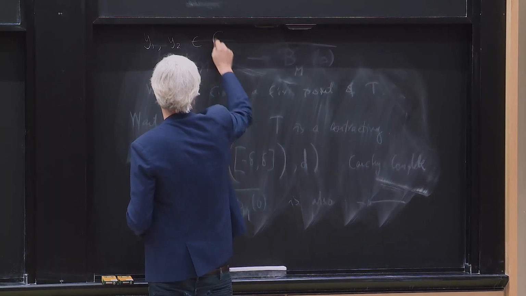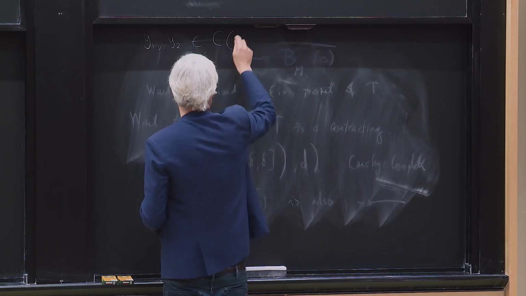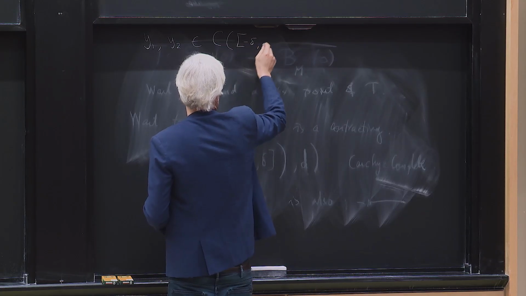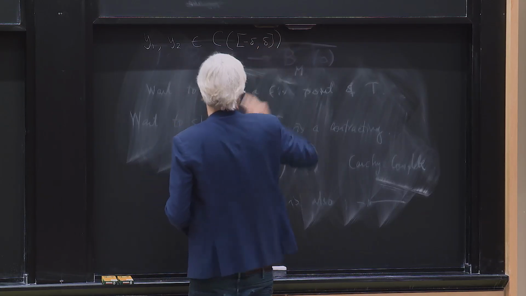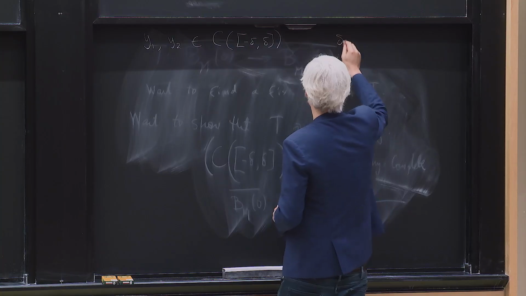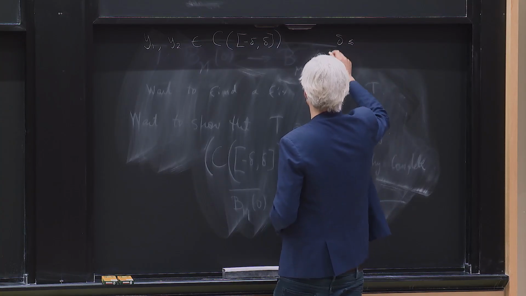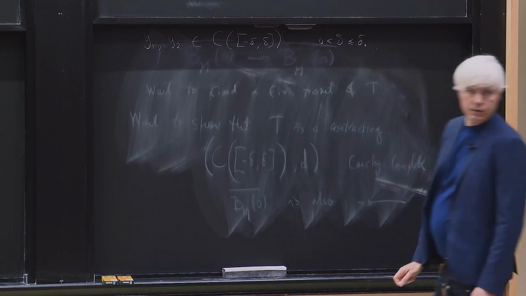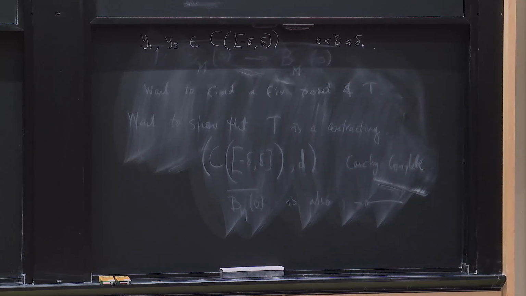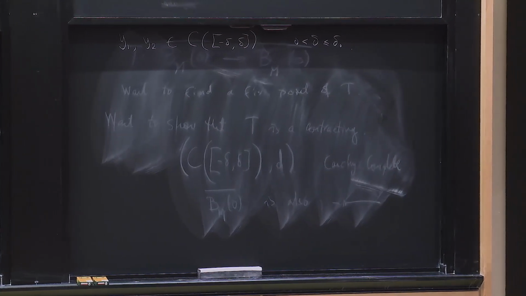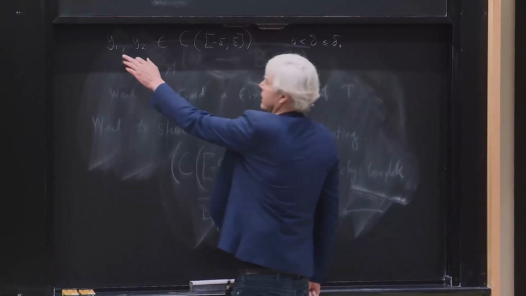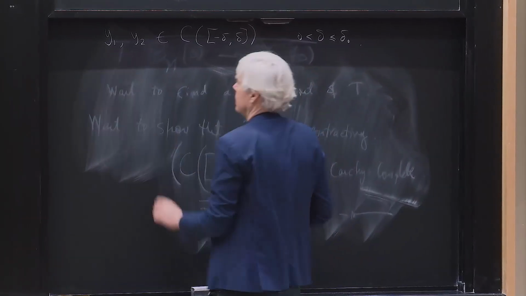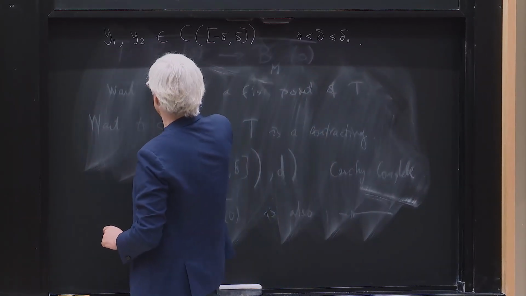These are continuous maps on some interval, say from right here. Again, delta is the delta we're looking for, and it would be smaller than delta 0. Since it's smaller than delta 0, we already know that we have two maps like this.